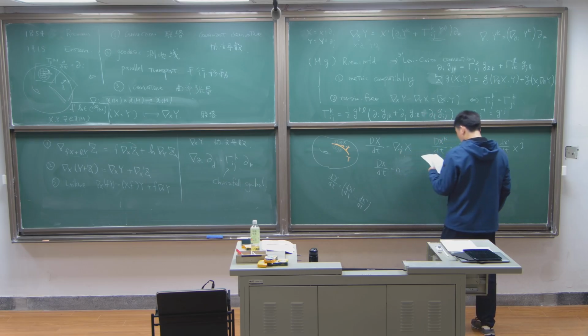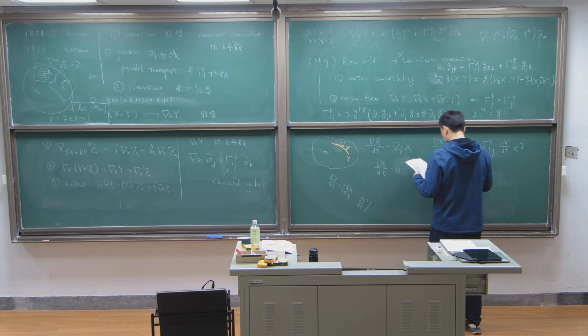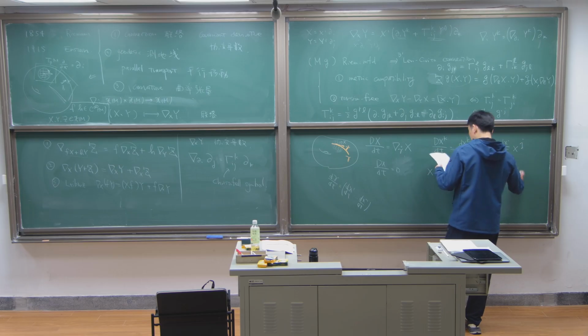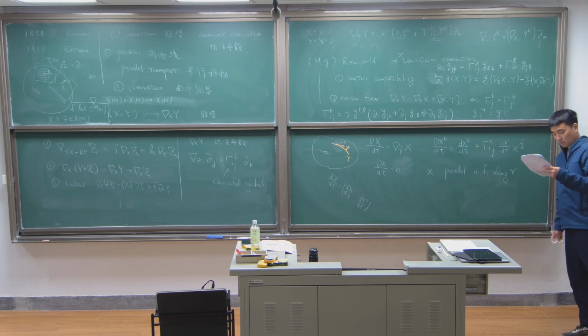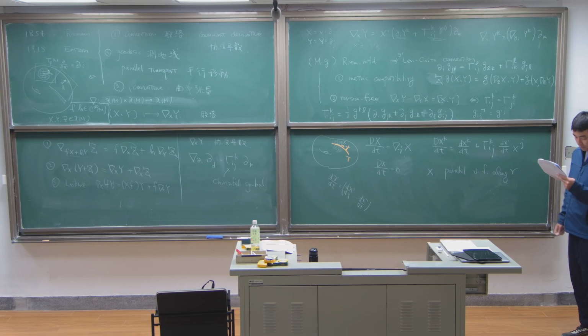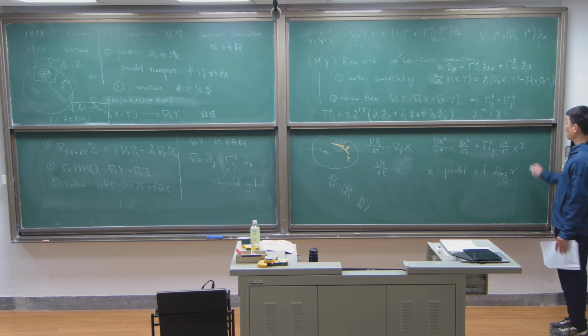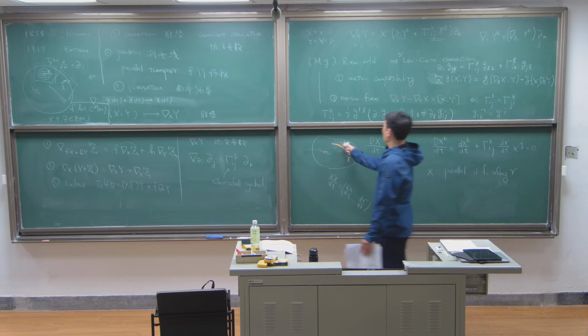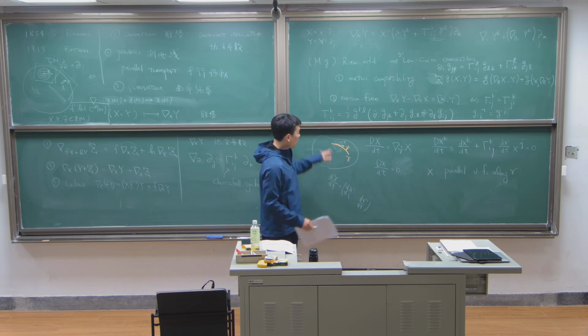If this is equal to 0, then the vector field X is a parallel vector field along the curve gamma.